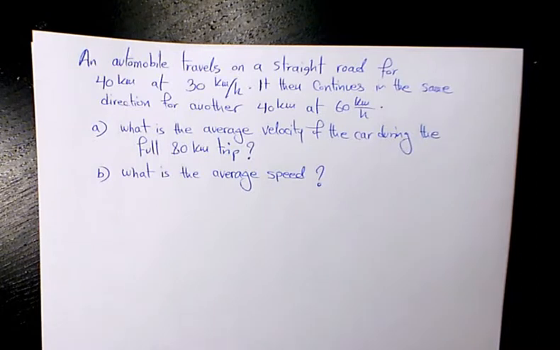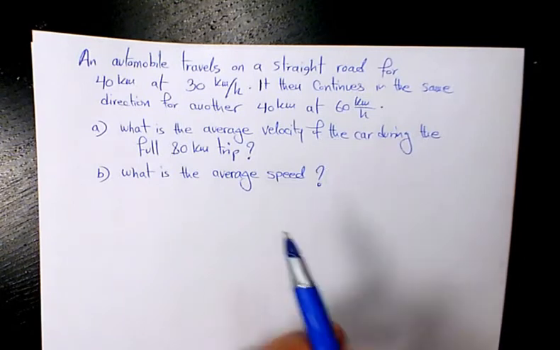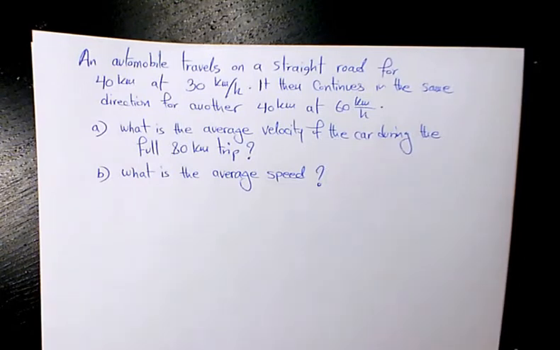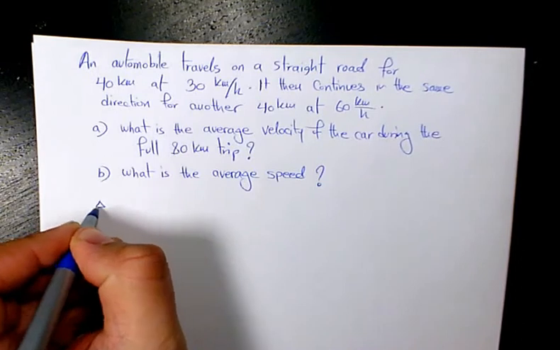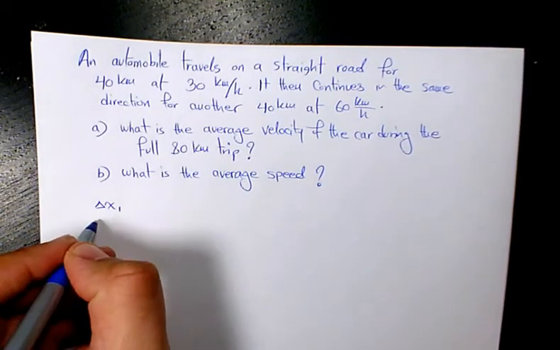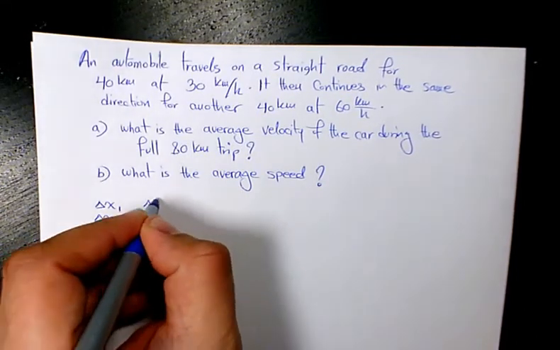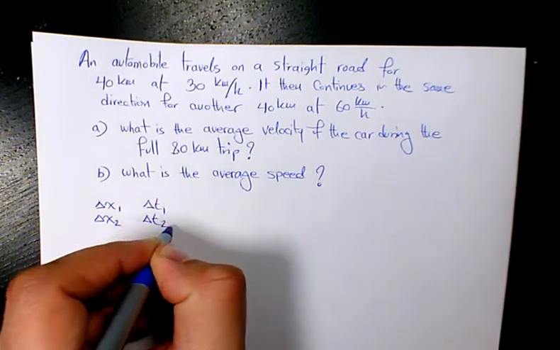So the first thing I'm going to say here, it consists of two parts, and we have the displacement of the first part and displacement of the second part. Let's say we have delta x1 for the first part's displacement and delta x2 for the second part displacement, and the time for each part is going to be delta t1 and delta t2.